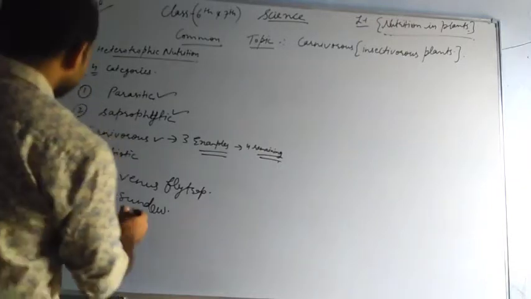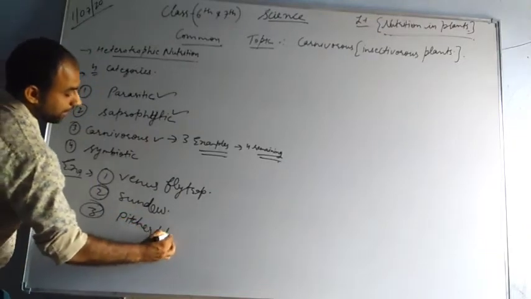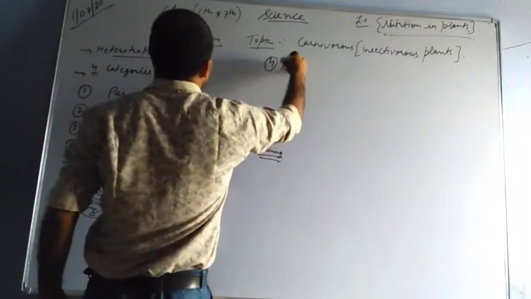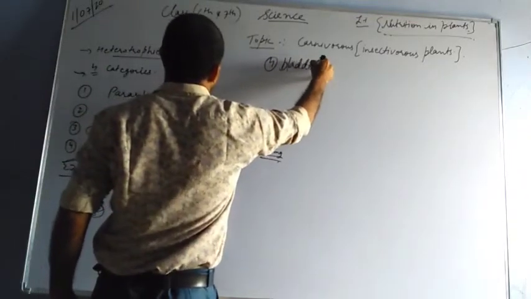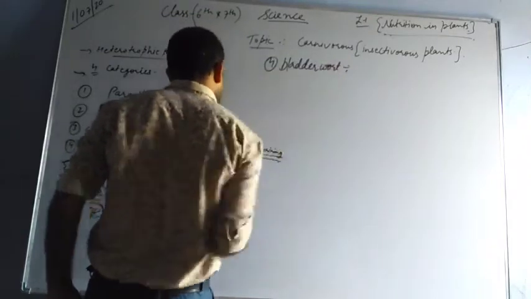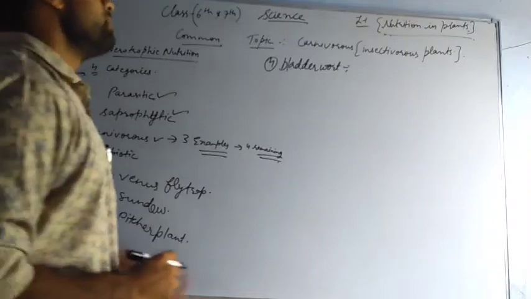Third one was pitcher plant. And the fourth one which remains was bladderwort. So let me tell you what the bladderwort actually is.